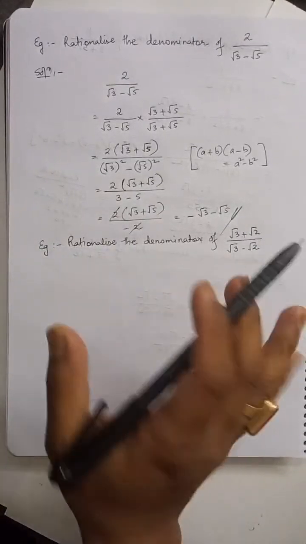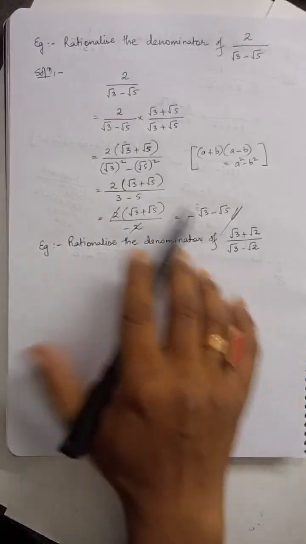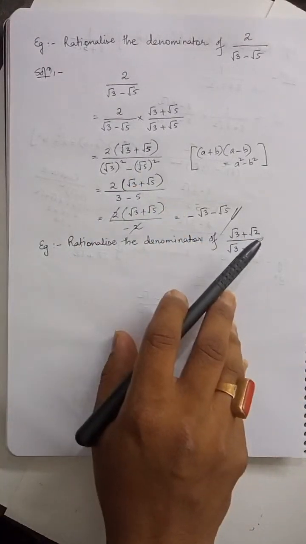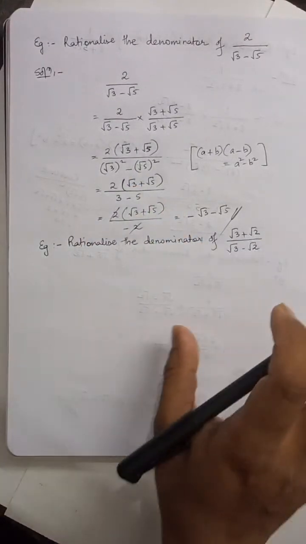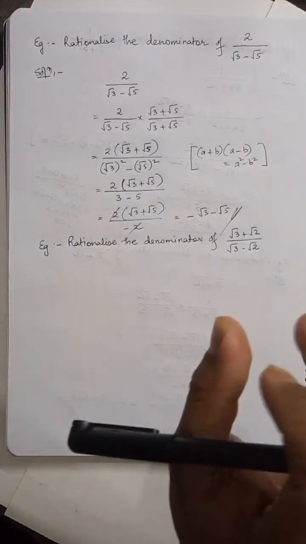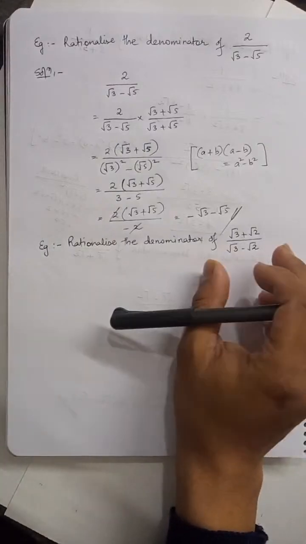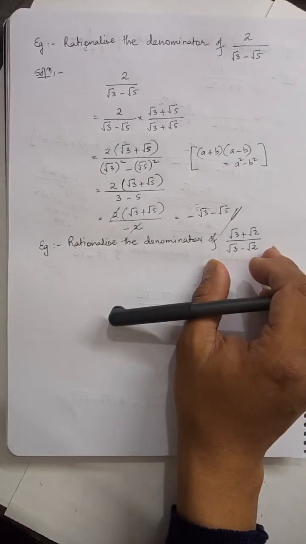So the difference is here the numerator is also irrational. Okay, but our target is just to convert the irrational part of the denominator into numerator.